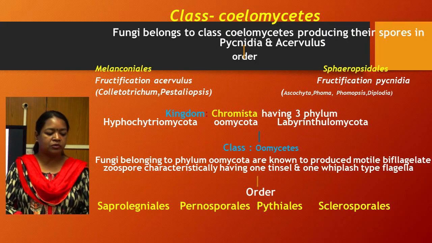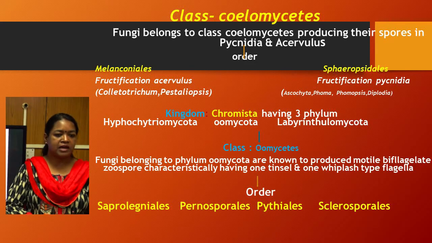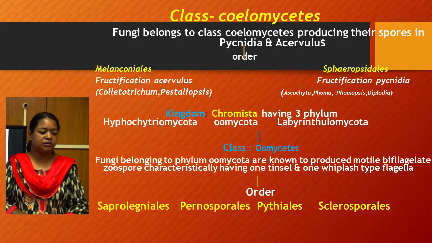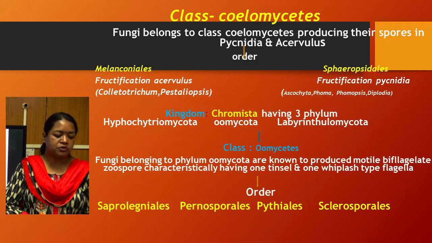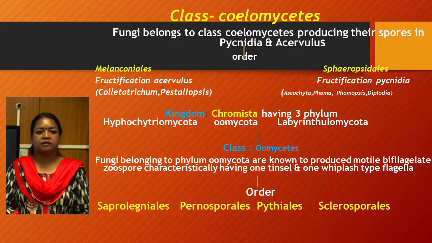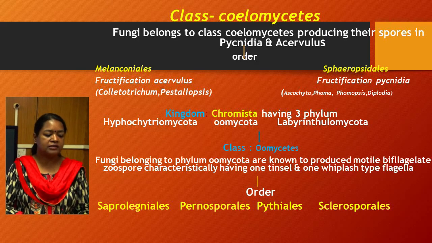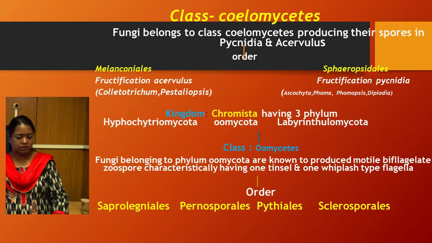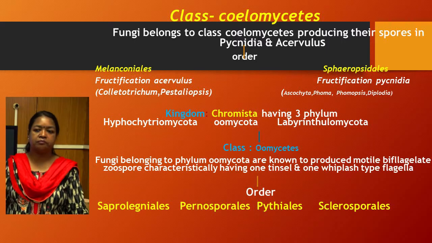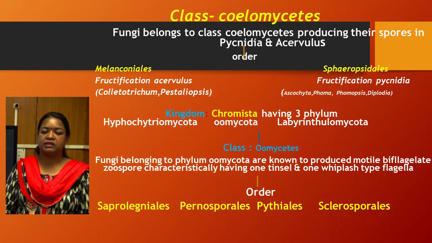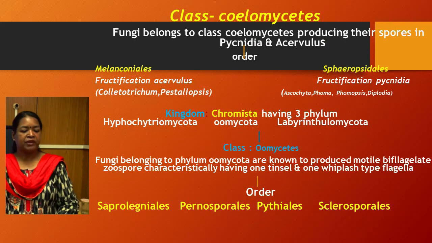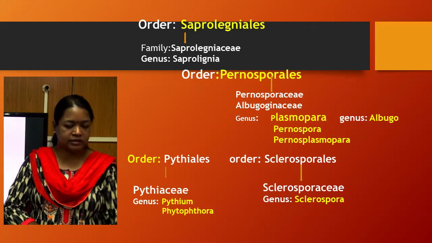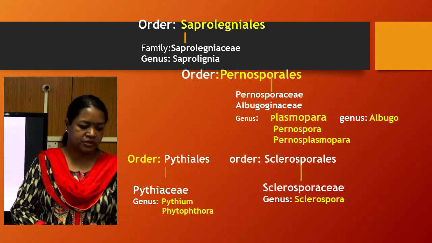The family Peronosporaceae contains the genus Plasmopara viticola, which is the causal organism of downy mildew of grapevine. Peronosclerospora is the causal organism of downy mildew of maize. Peronoplasmopara is again the causal organism of downy mildew of maize. In the family Albuginaceae, one important genus is Albugo candida, which is the causal organism of white rust or blister blight of crucifers.